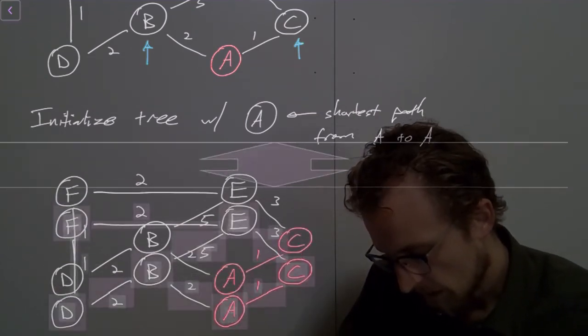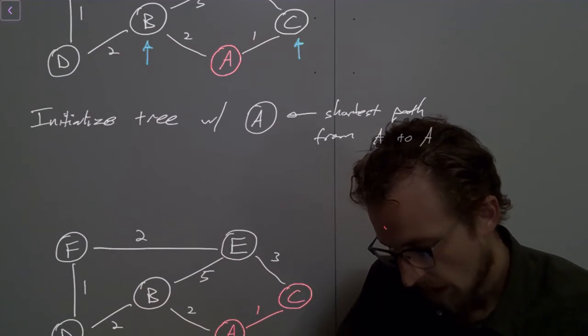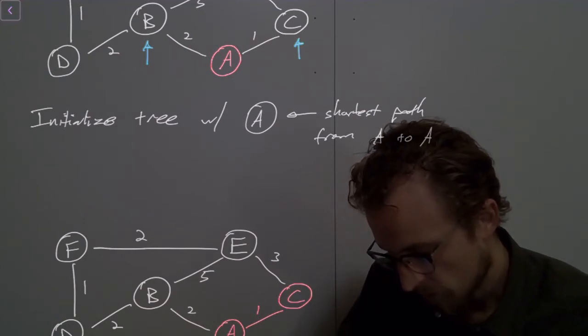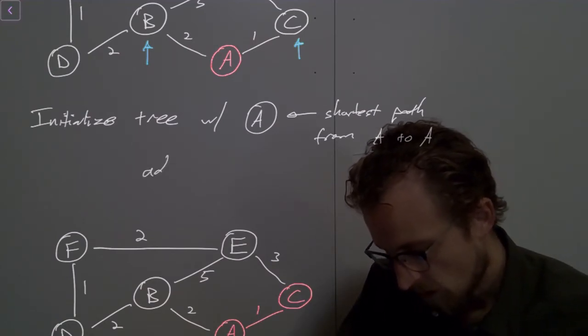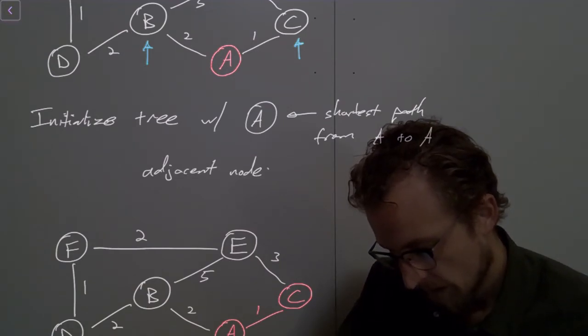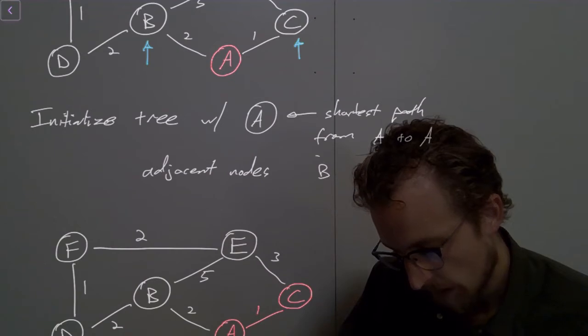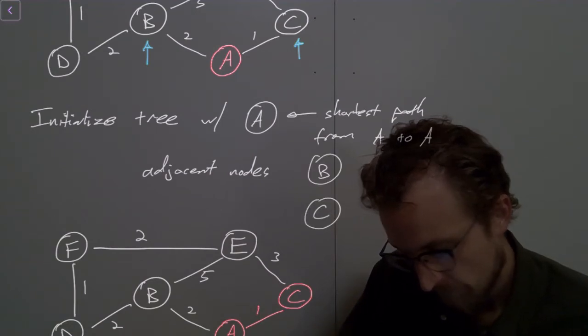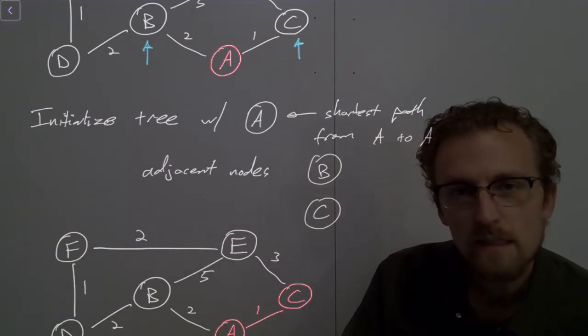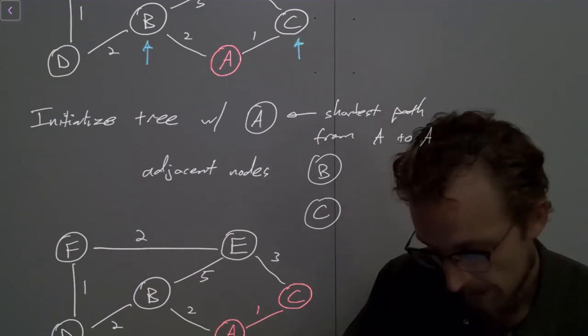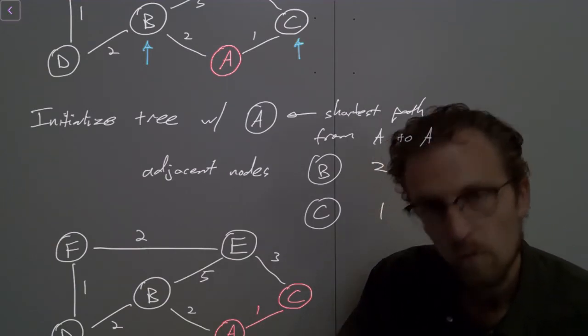So now how did we decide to do this? Well, we said, hey, look, my tree is A, my adjacent nodes are B and C, okay? And the distances from B and C to A are 2 and 1.